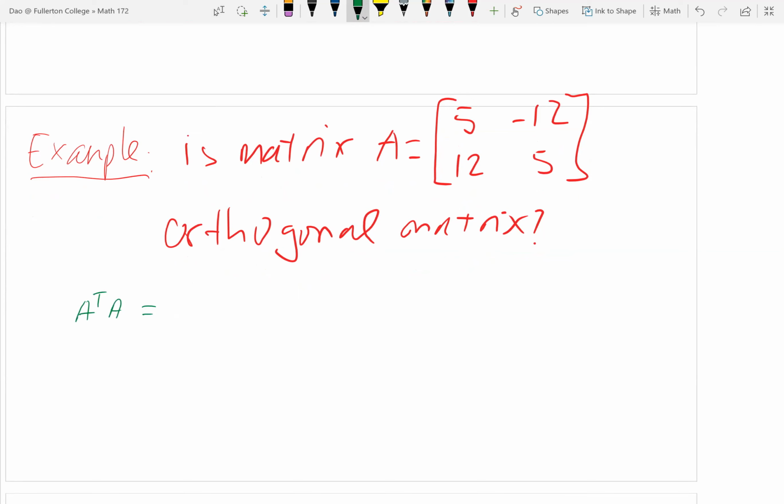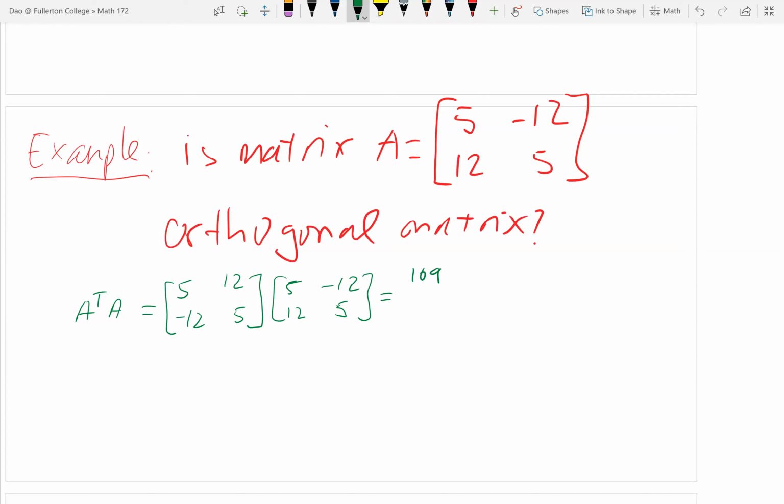A transpose times A will be 5, 12, -12, 5 times 5, -12, 12, 5. So 5 times 5 is 25, 12 times 12 is 144, so we get 169.